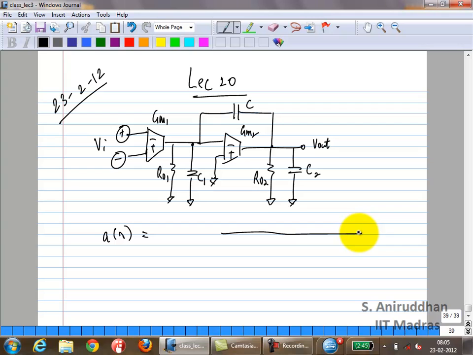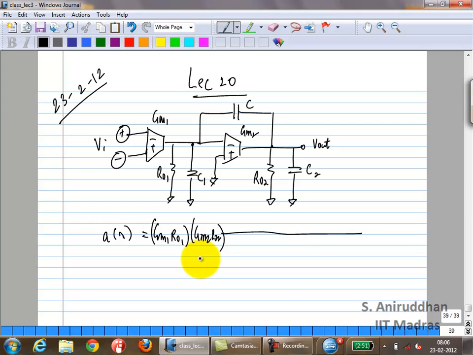Normally whenever you write a transfer function, you want to write it in the form DC gain times some fraction, numerator has all the zeros, denominator has all the poles, right? That's the way we have been writing it always, because that makes it very easy to understand. So what is the DC gain of this? Very simple: GM1 times GM2 RO2. That is your DC gain.